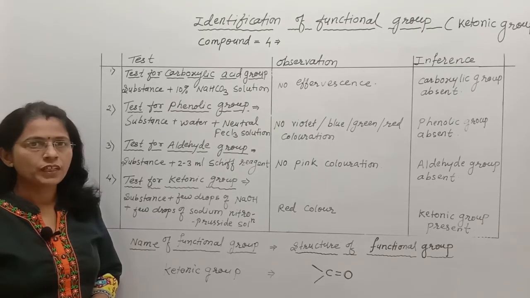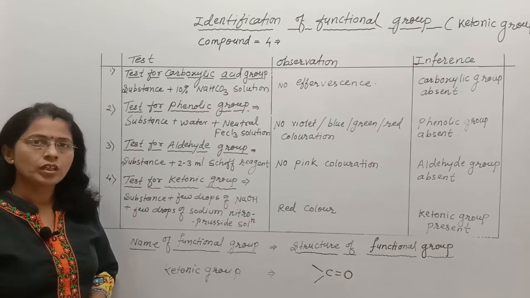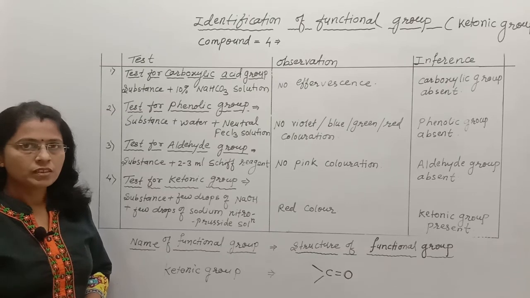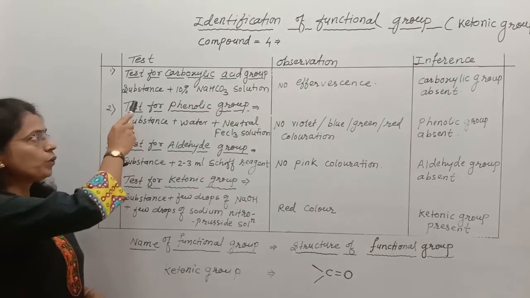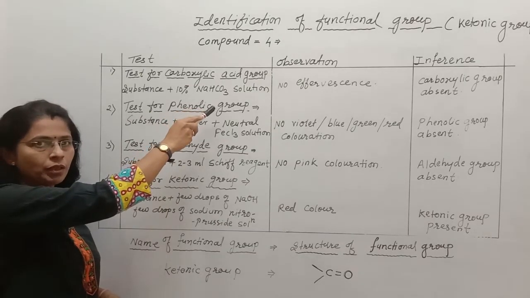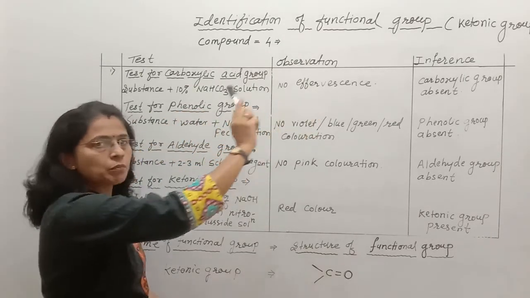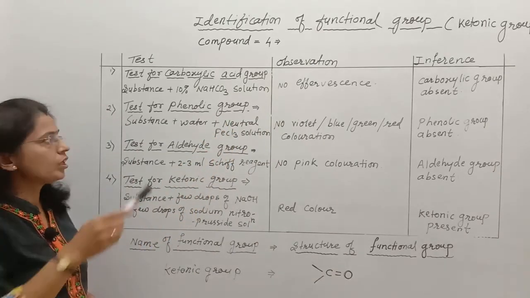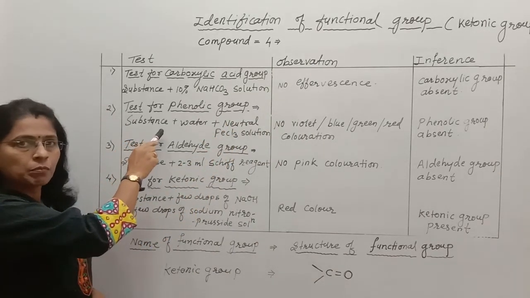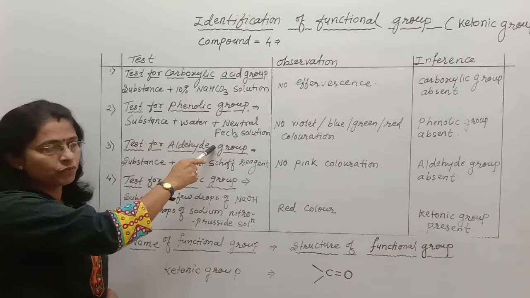After completion of the experiment, note down your observation and inference in your practical notebook. Say, student, we find that to the unknown organic substance when we add 10% sodium bicarbonate, we didn't get any effervescence, means carboxylic group is absent. Then we take again a little amount of substance, to that we add water and neutral FeCl3.